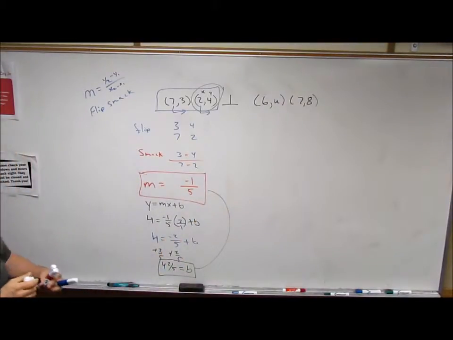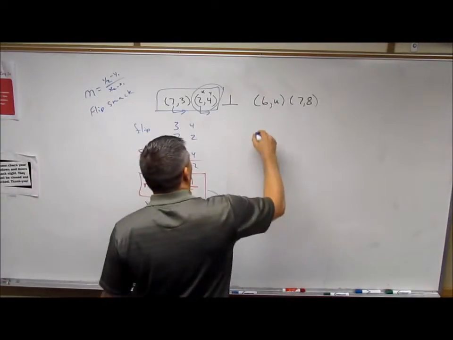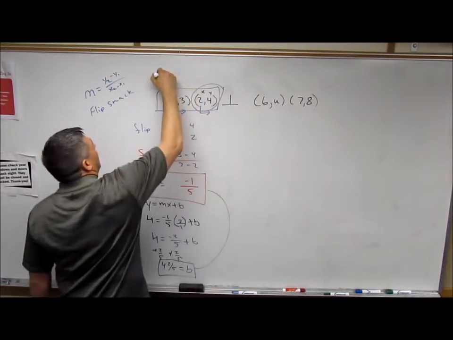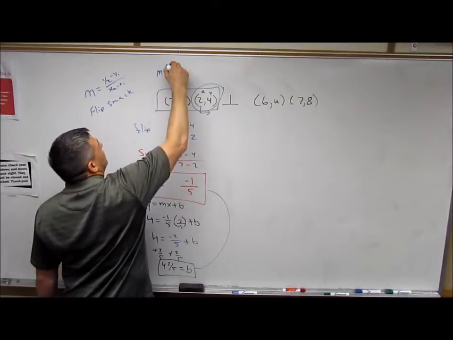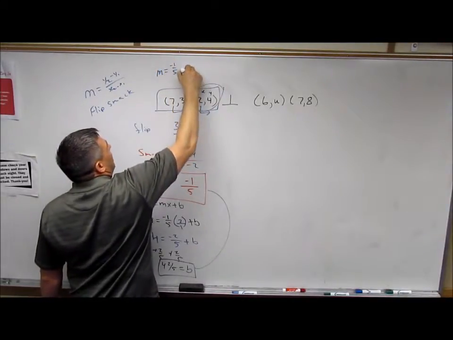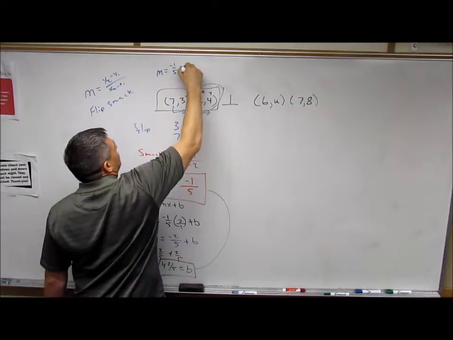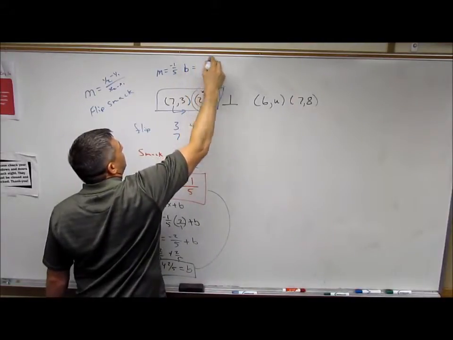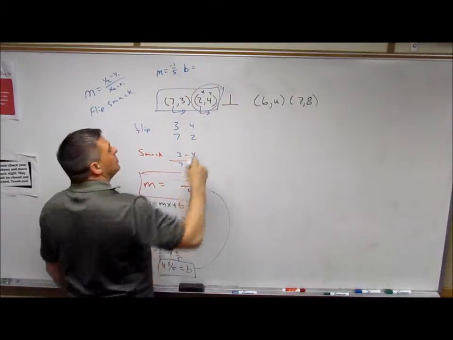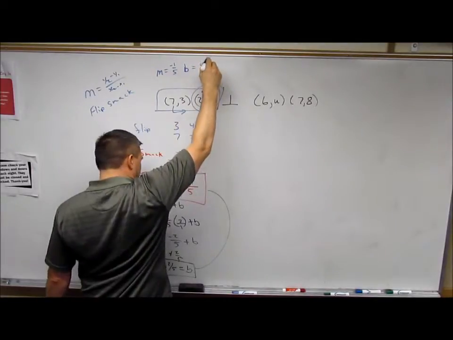There's my m. So what that tells me is m is equal to negative 1/5. B is equal to 4 and 2/5.